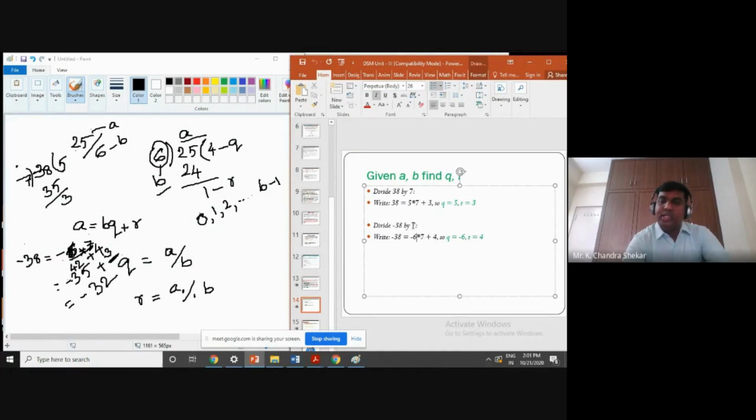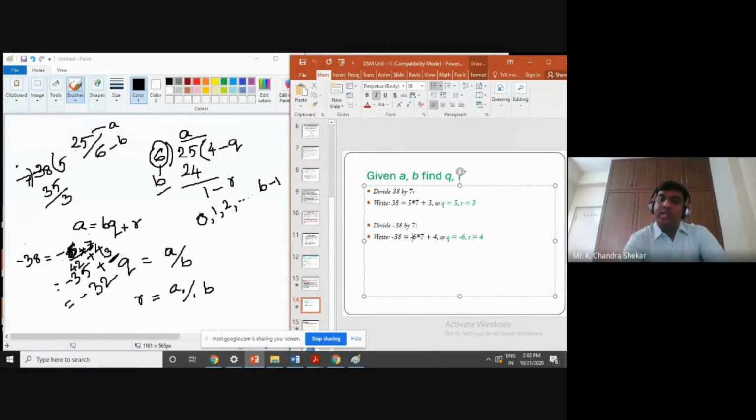Remember, all of you, you are not supposed to change this 7 because 7 is fixed. This minus 38 is also fixed. So whatever changes I need to make, I need to make in the quotient part and remainder part only. And already you had a condition that the remainder must be a positive number.